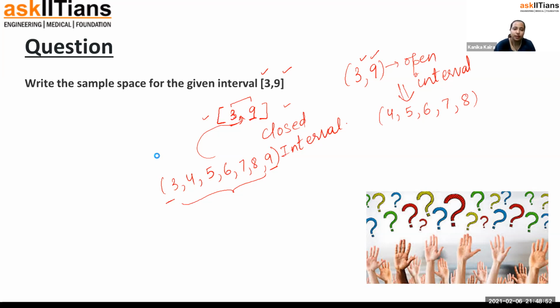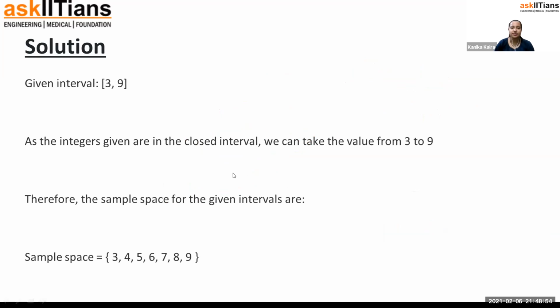All right. So let's look at the solution which is given to you as well. As we are given this interval, all the integers are given in a closed interval. This is what we have discussed just now. We can take the values from 3 to 9.